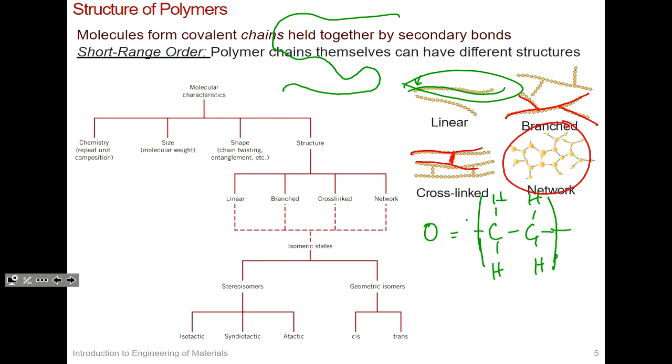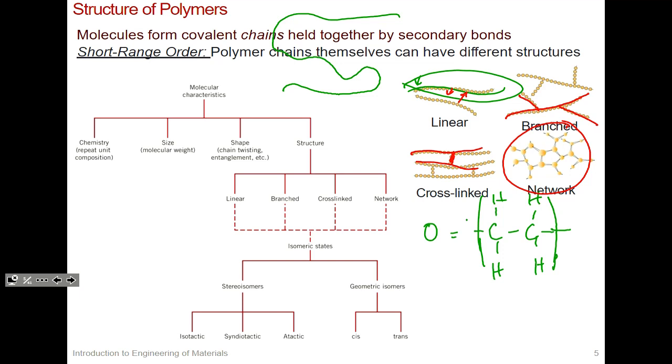Yeah, so the covalent chains, so the carbon-carbon bonds are covalent. Carbon-hydrogen, that's a covalent bond. And then you can have secondary bonding between these linear chains. So in the chain itself, you have covalent bonding. In between the chains, because it's hydrogen to hydrogen, you have secondary bonding.